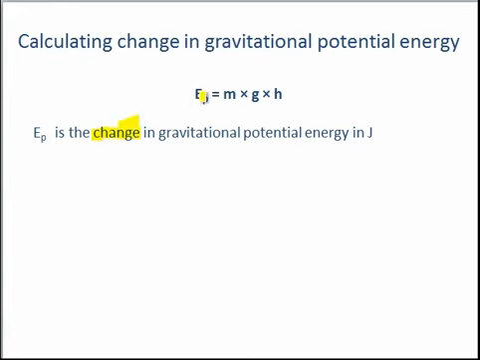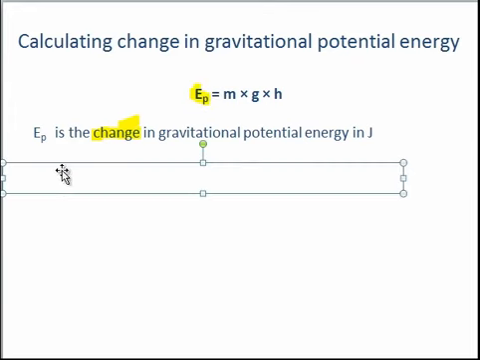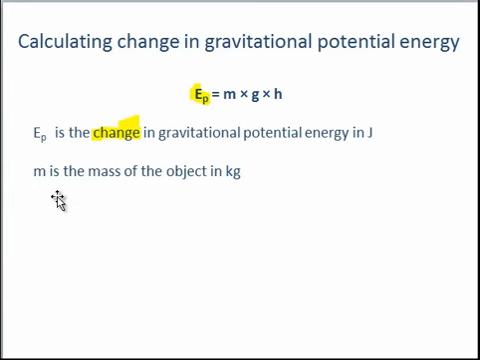But EP, when you're doing these questions, you're looking for a change in gravitational potential energy. M is the mass. Remember I said that the mass was important, and it is measured in kilograms. By the way, the gravitational potential energy is measured in joules.